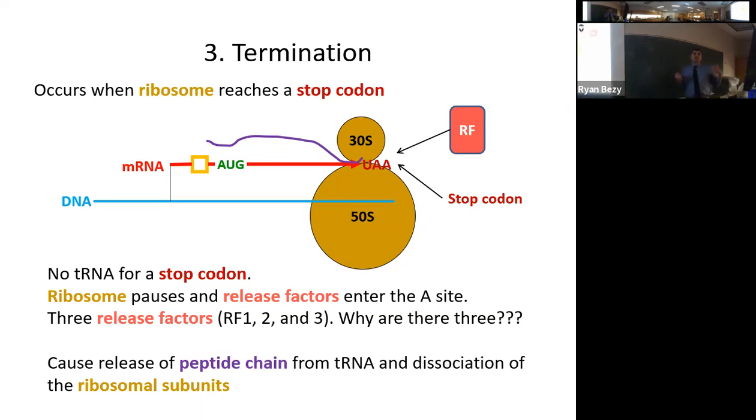But then some different enzymes called release factors are going to come in. There's 3 different release factors: release factor 1, release factor 2, and release factor 3. Why are there 3 different release factors? Because there's 3 different stop codons. Each release factor corresponds to a specific stop codon.